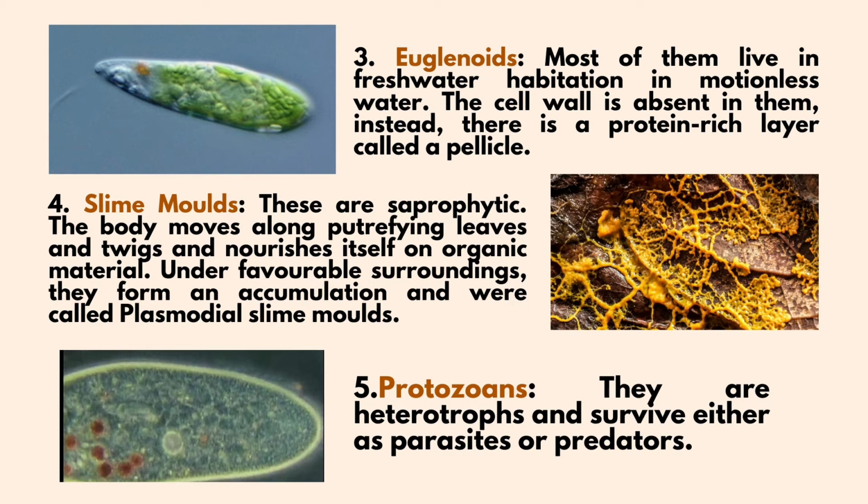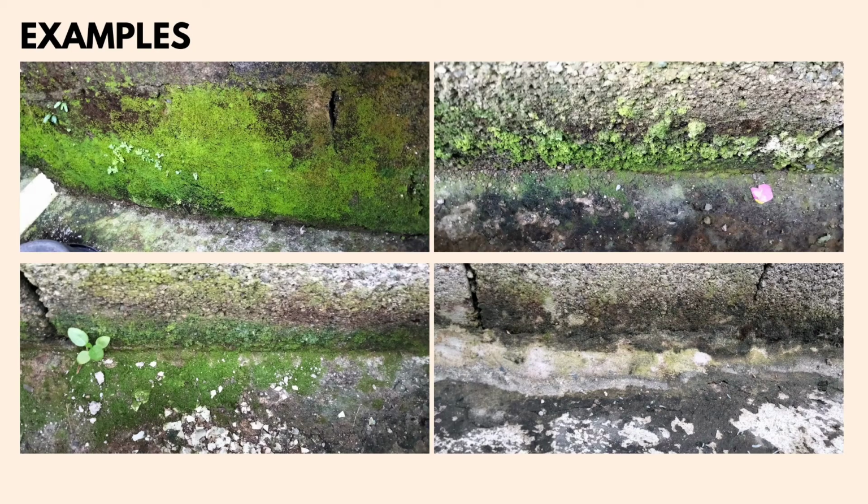Under favorable surroundings, they form an accumulation and are called plasmodial slime molds. And the fifth one is the protozoans. They are heterotrophs and survive either as parasites or predators. These are examples of Protista that we can find in our surroundings.